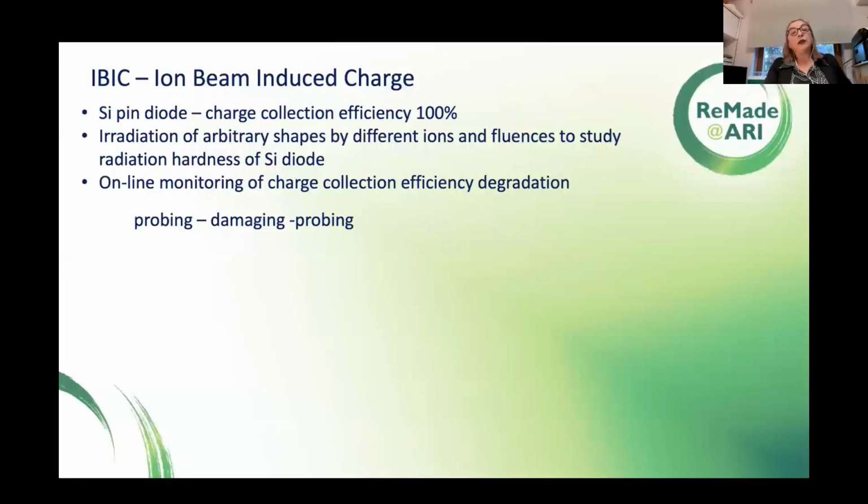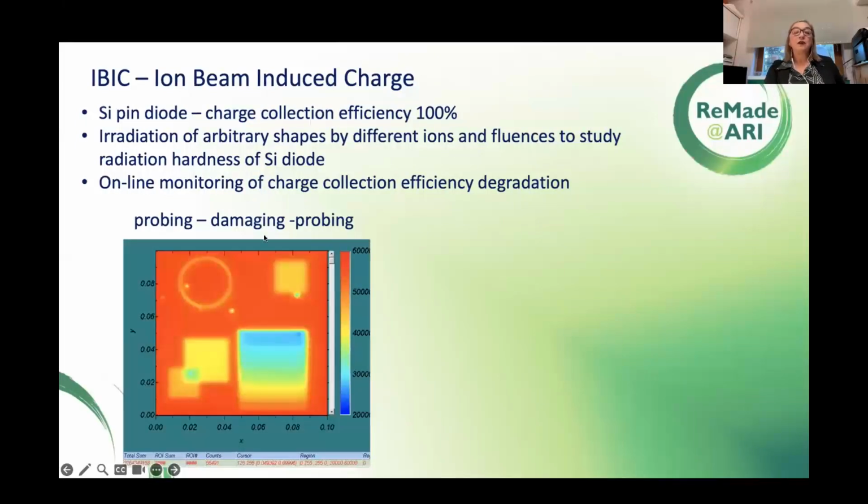So let's go back to the ion beam induced charge, and a very simple case. We just look at the standard silicon PIN diode, which has a charge efficiency of 100%. So first, if you do IBIC, you will have only this red region everywhere. And then you can do damage of this diode with different ions in different shapes, as you can see.